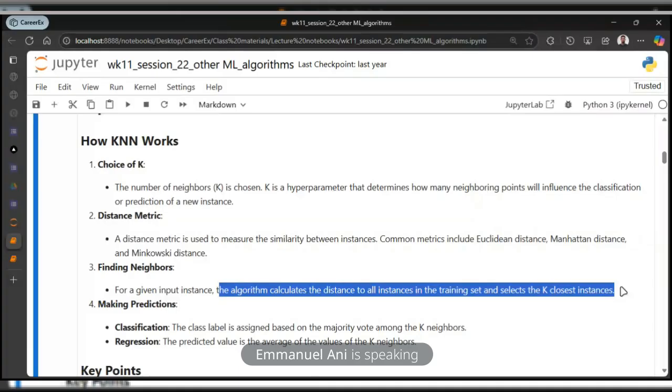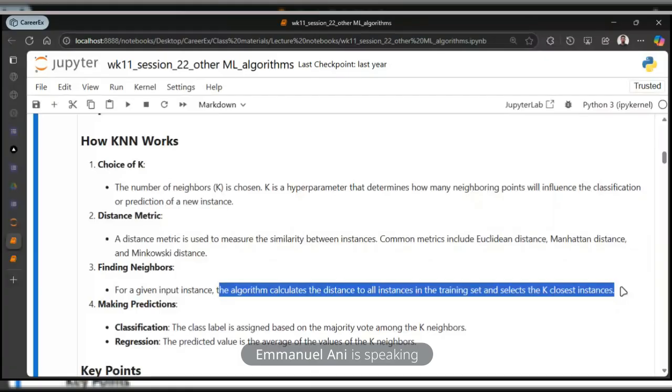That's what takes up computation for KNN: distance calculation. If you have 10,000 observations or 10,000 instances, it calculates the distances between the data point to be predicted and all other data points that you have there.